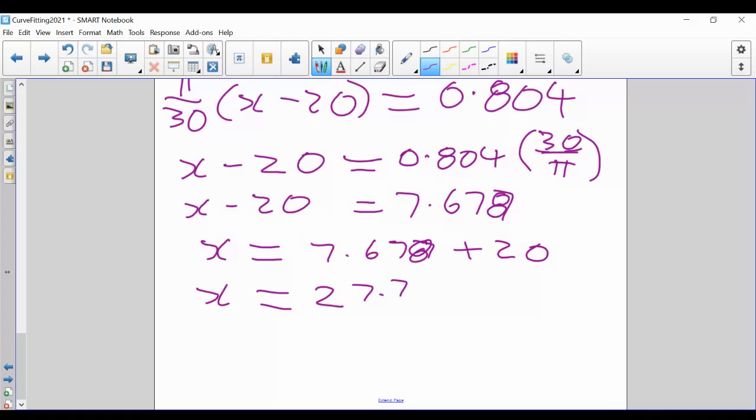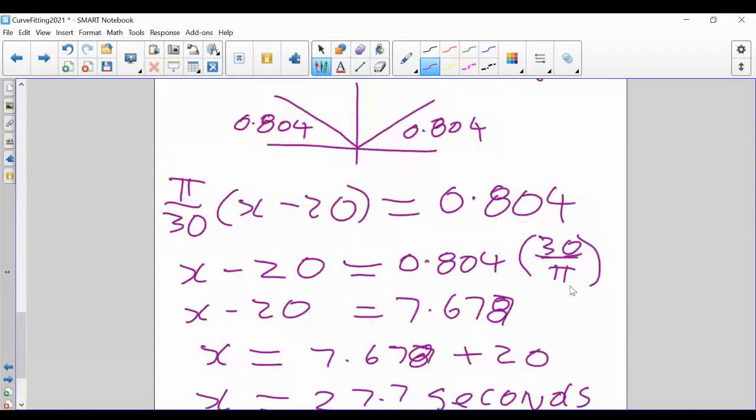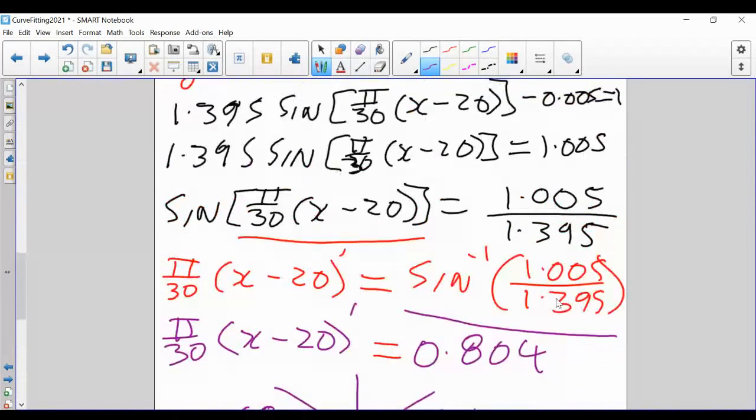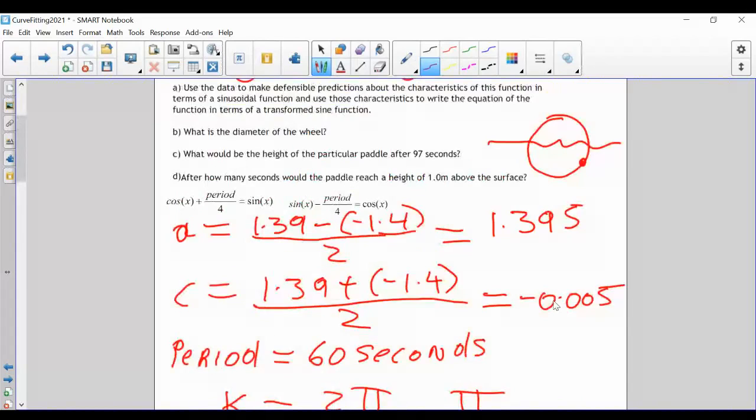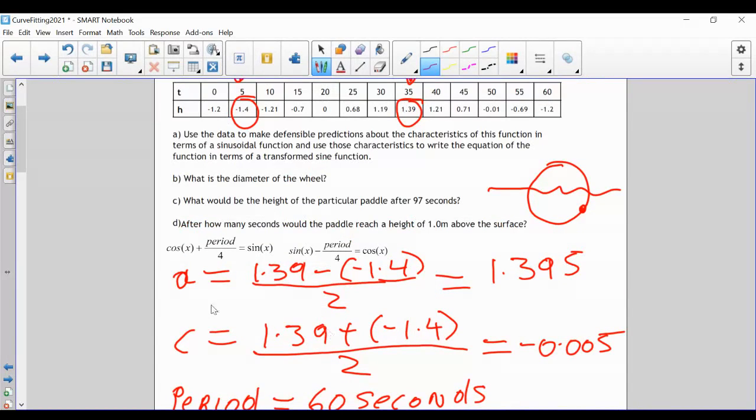Can I get some units now for this, please? What would you suggest would be the proper units without me even going back to the question? Think about what the question was asking. Seconds is correct. Yes. So whenever you have a word question like this, just FYI, I'm expecting, at the end of that, a long answer.